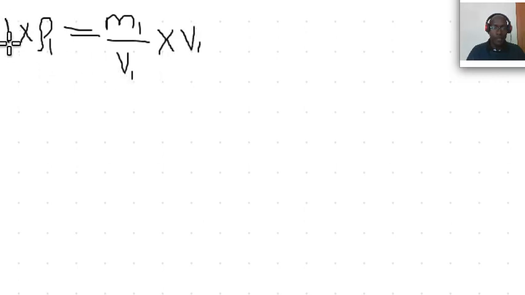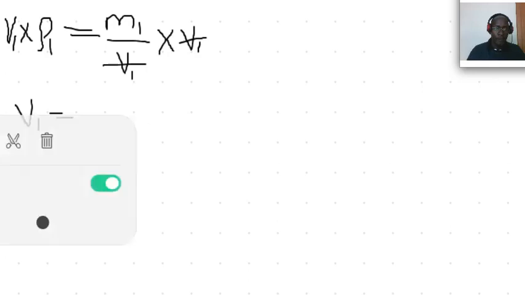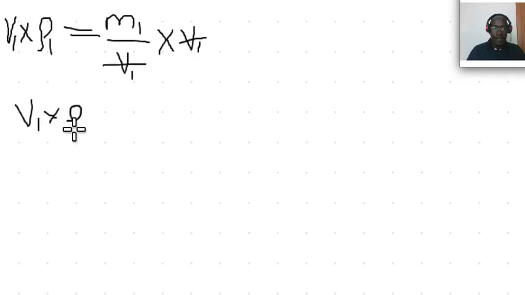This will cancel that one, and then you are left with V1 times density 1 is equal to our mass M1.